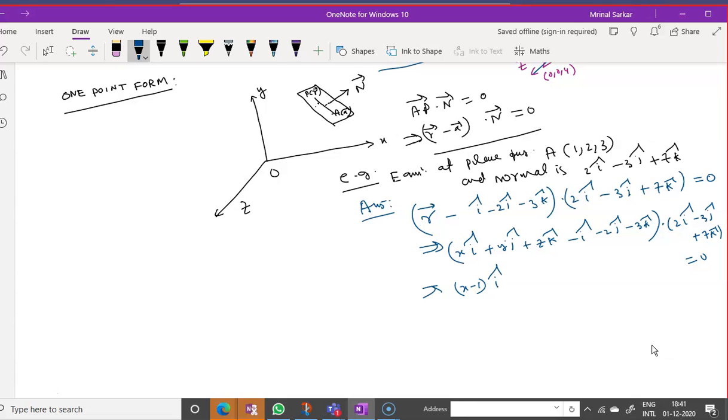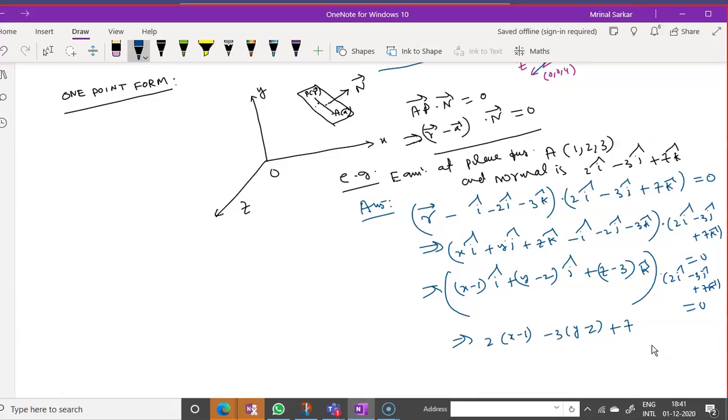So (x minus 1) i cap, (y minus 2) j cap, (z minus 3) k cap, dot this thing. So this is going to be 2 into x minus 1, minus 3 into y minus 2, plus 7 into z minus 3 equal to 0.